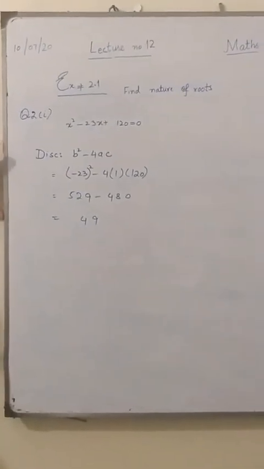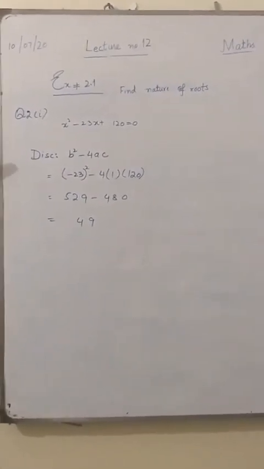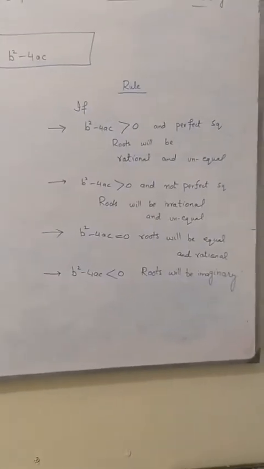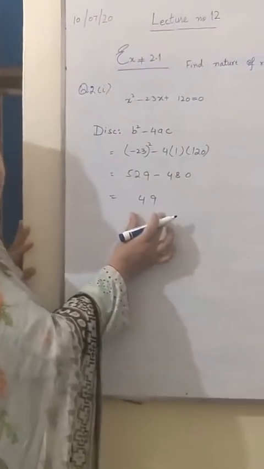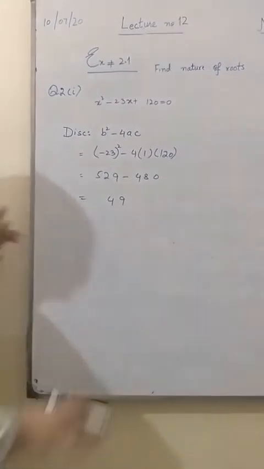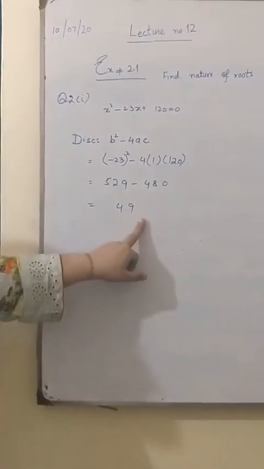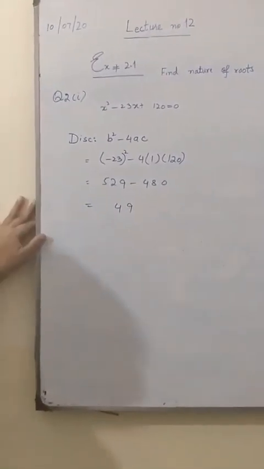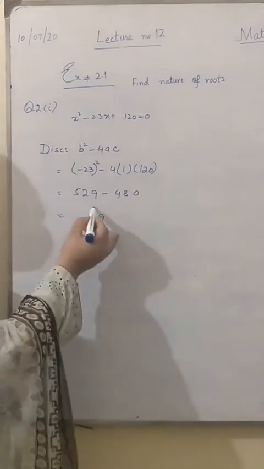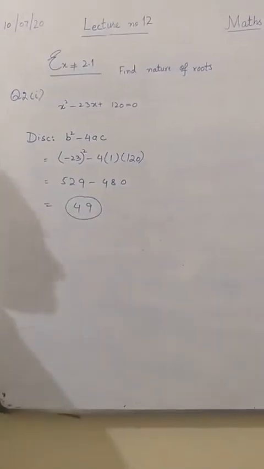Now if we know the discriminant, how can we find out the nature of the roots of the equation? We have 4 rules for that. First of all, you check whether the discriminant is positive or negative. If the discriminant is positive, here we have 49 which is positive, you have to check 2 things: whether the discriminant is a perfect square or not a perfect square.